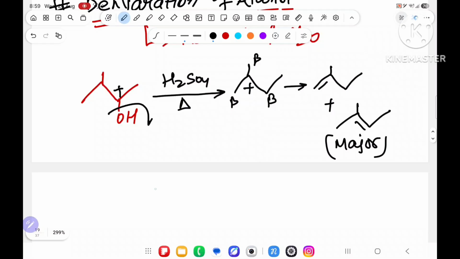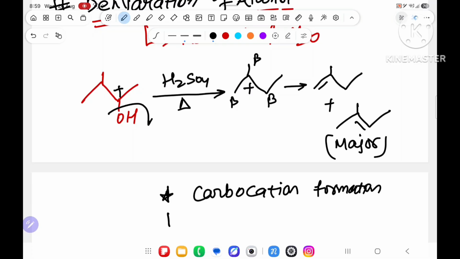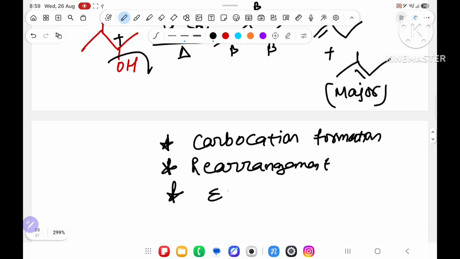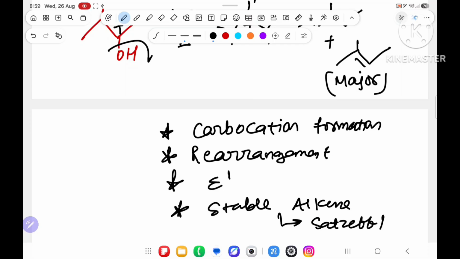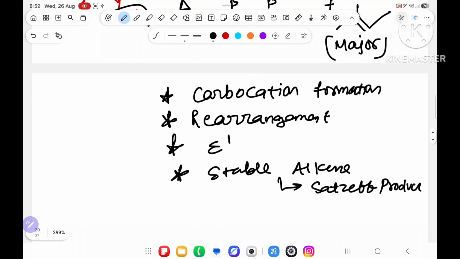And we know that over here, first important point, there is a carbocation formation. If carbocation formation is there, then it will do rearrangement. If rearrangement is there, then it will have even mechanism, and the answer will be a stable alkene, and a stable alkene is known as Saytzeff product, or it is also called Zaitsev product. Saytzeff and Zaitsev are the names of scientists.